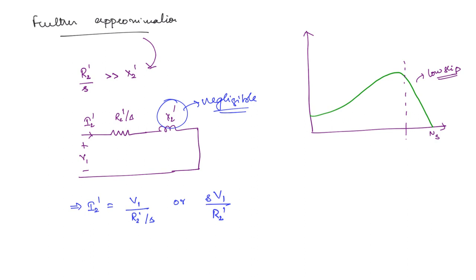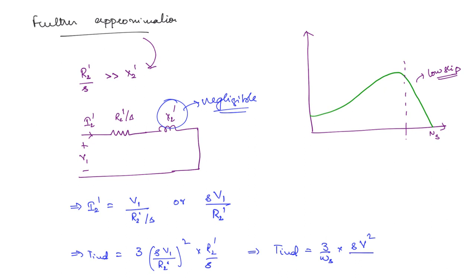In this case, what will happen to the induced torque? T induced is equal to 3 times I2 dash whole square, so this will be S V1 by R2 dash whole square into R2 dash by S. So, you are going to get induced torque equal to 3 by omega S into S V1 square divided by R2 dash. So, this is a very important expression.